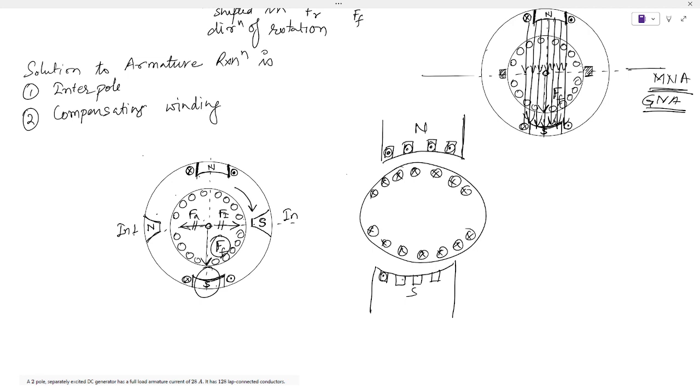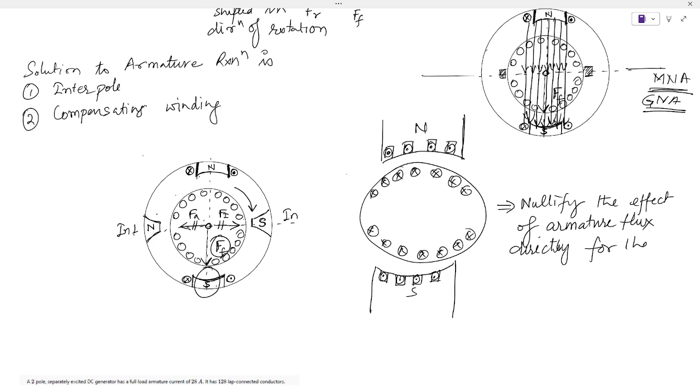Suppose there is cross, here it will be dot, so that it will nullify the effect of armature flux directly for the conductors under the corresponding pole. समझ में आया?